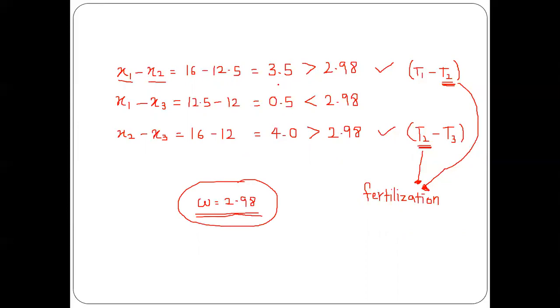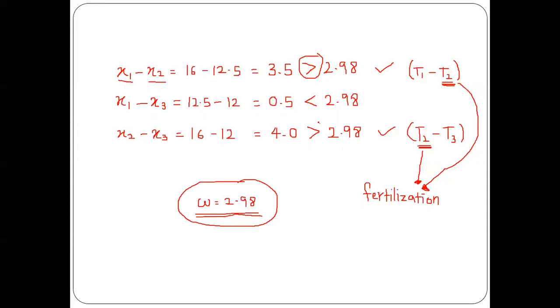The first comparison, 3.5, is greater than 2.98, and 0.5 is less than 2.98, and 4.0 is greater than 2.98. So now we have two conditions.